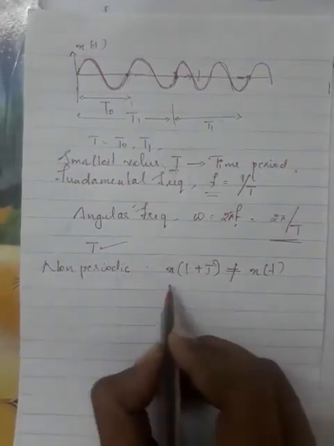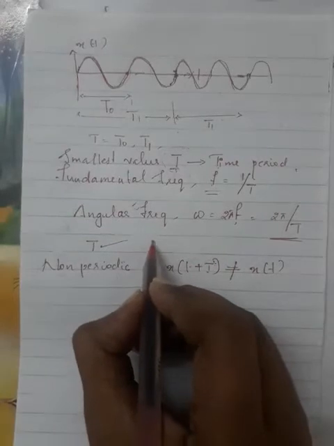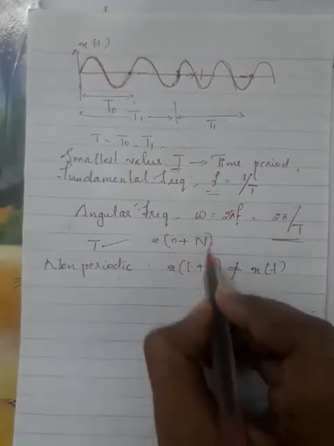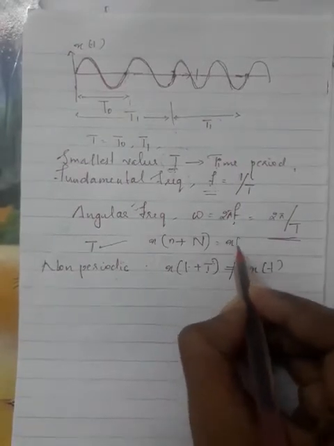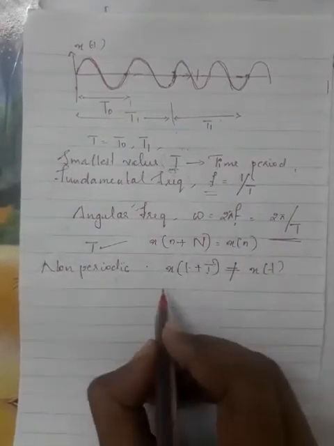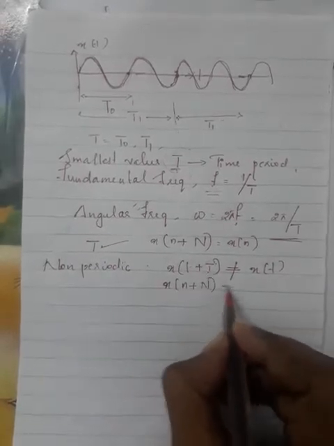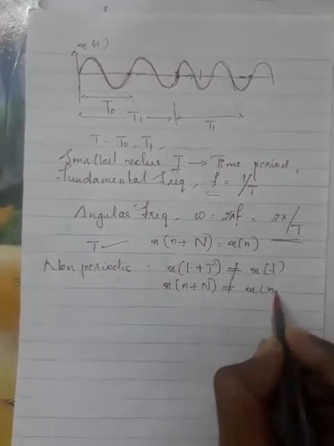And for a discrete time signal, if it will be periodic, then x of small n plus time period capital N is equal to x of n. And for a non-periodic discrete time signal, x of n plus capital N is not equal to x of n.